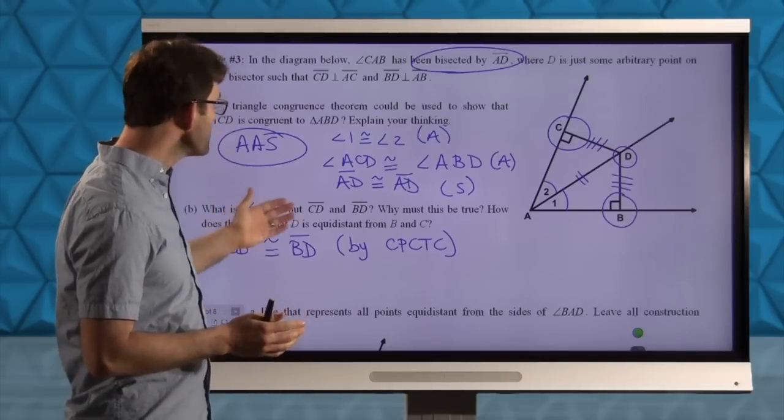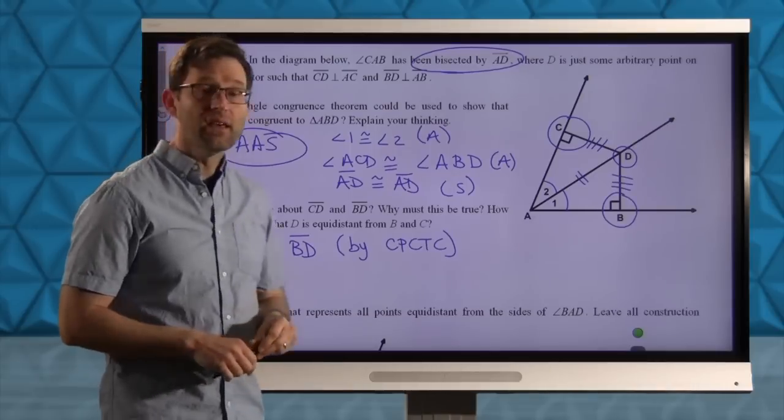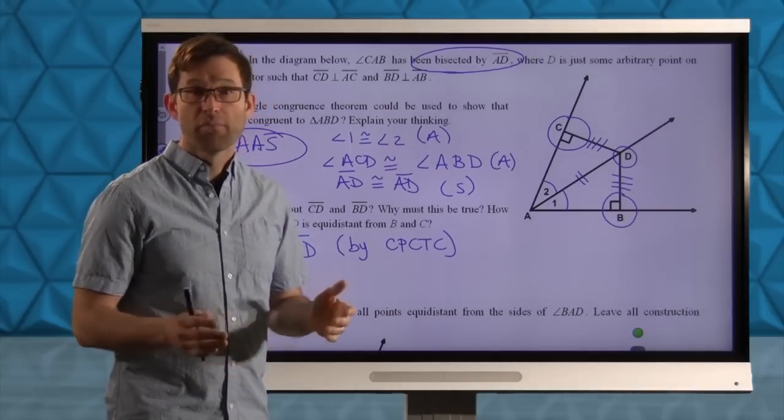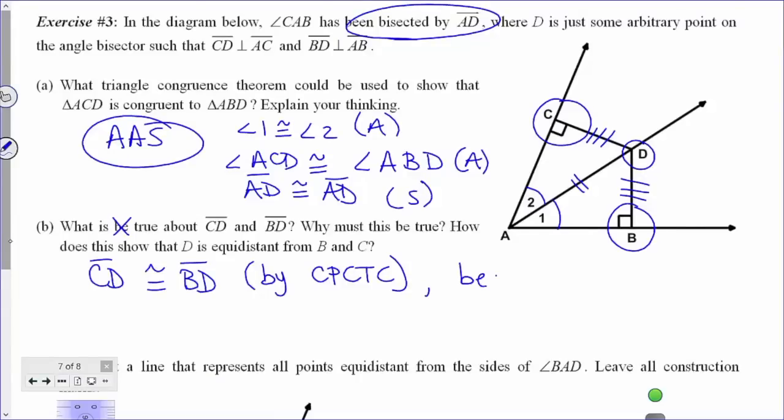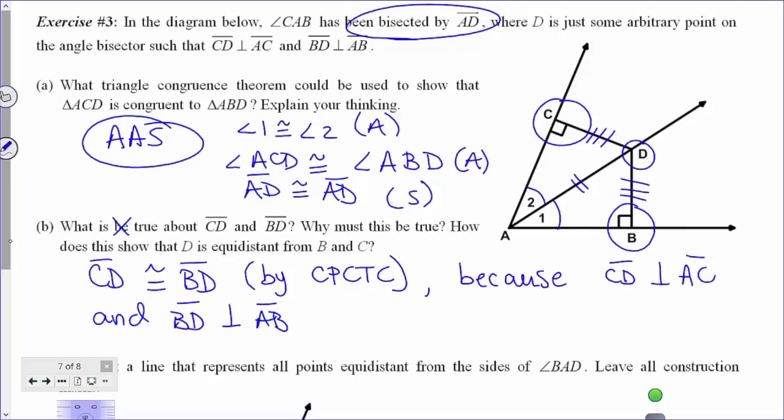Okay, how does this show that D is equidistant from B and C? Well, that's because CD is perpendicular to AC, and BD is perpendicular to AB, right?